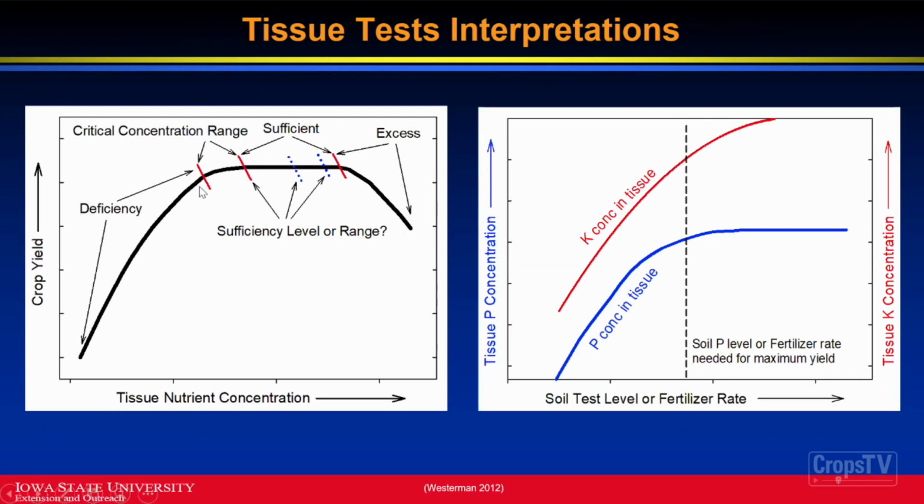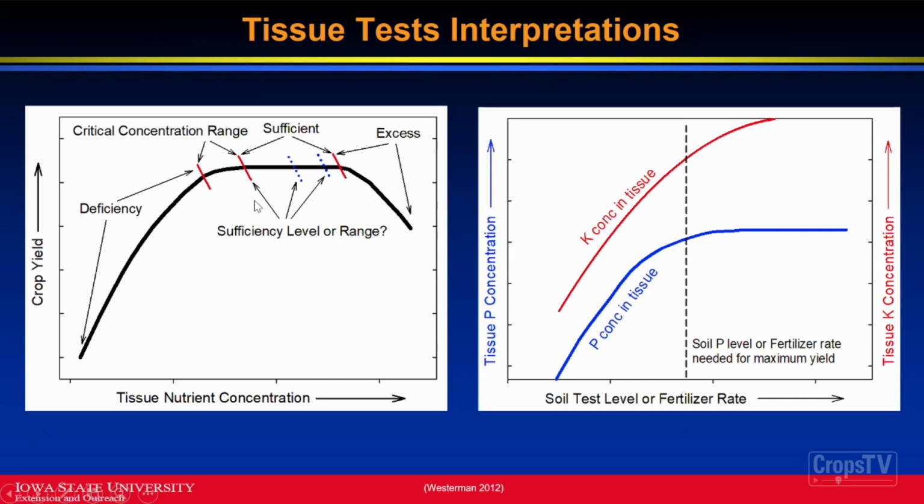I give just a theoretical example here; normally it is a range of concentrations, and this is valid for soil tests too, from almost enough for maximum yield to maybe a little bit more. We know that there are errors in sampling, errors in analysis, and errors in recommendations. So this is what we call the critical concentration range.